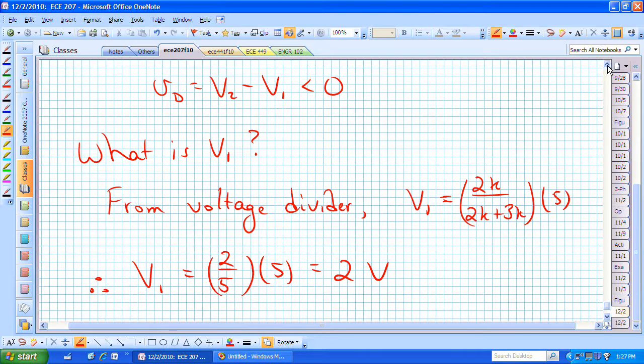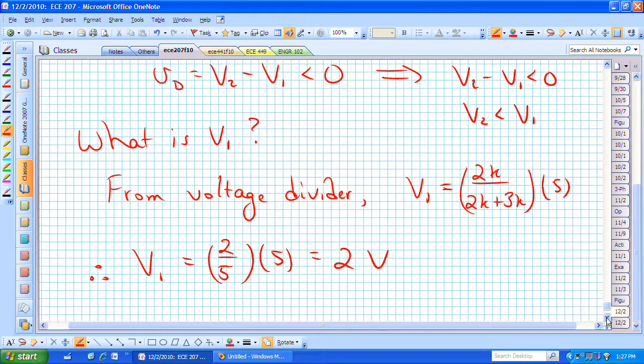As long as, what does this say? This now says that we want V2 minus V1 less than 0, or we need V2 less than V1. As long as V2 is less than, and what is V2? V2 is actually in this circuit without any current flowing. V2 is Vn.